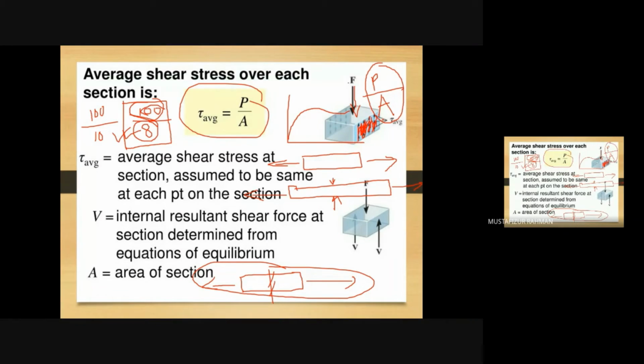But what happens if we consider the true stress? Since the area is decreasing, the denominator is decreasing, so the overall stress value may be increasing even after failure. So that is the difference between the true stress and the average stress that we were talking about initially.